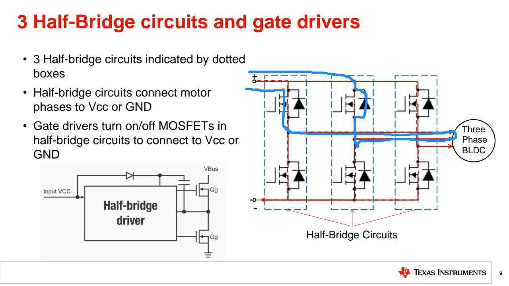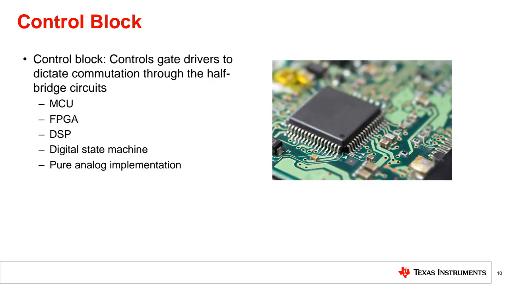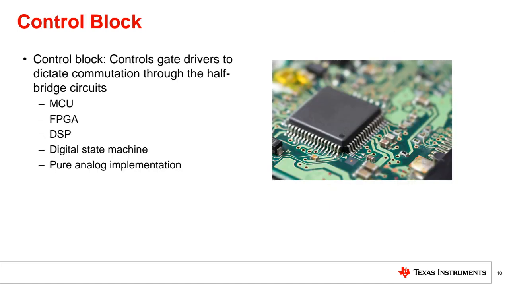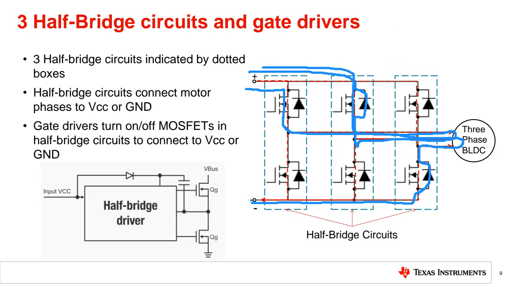Also, commutation in a brushless DC motor is not automatic. I explained commutation, however, commutation in brushless DC motors is not done automatically by the mechanical design.